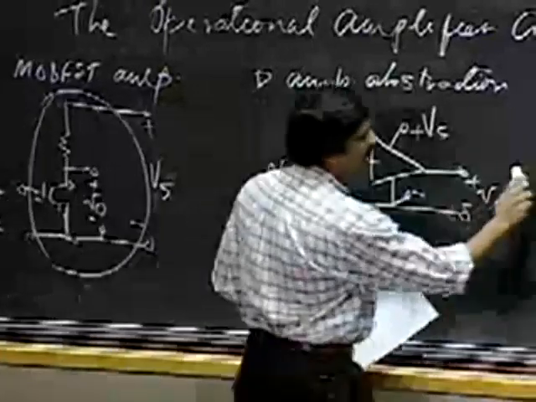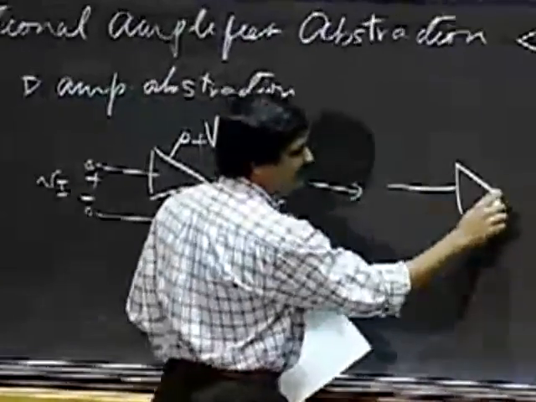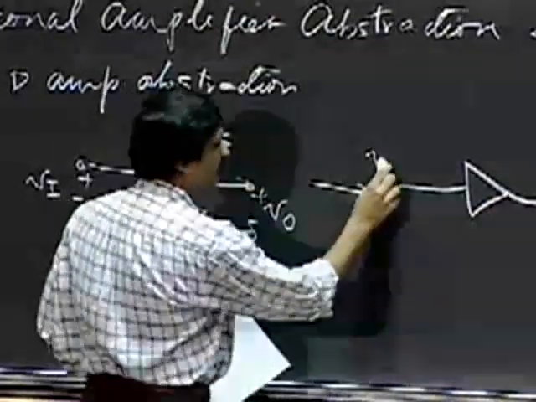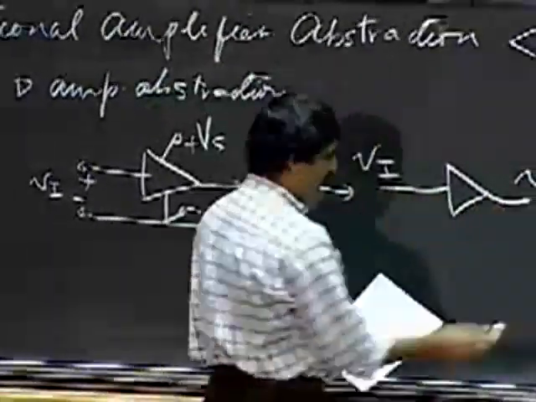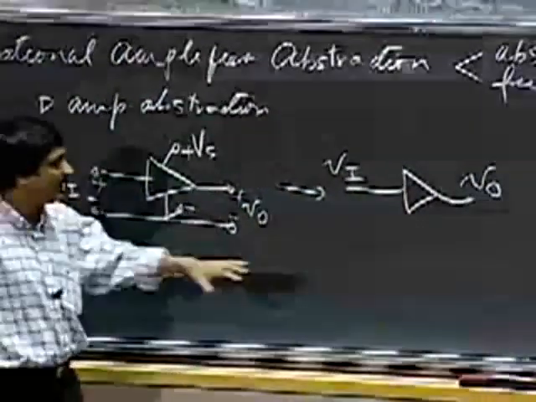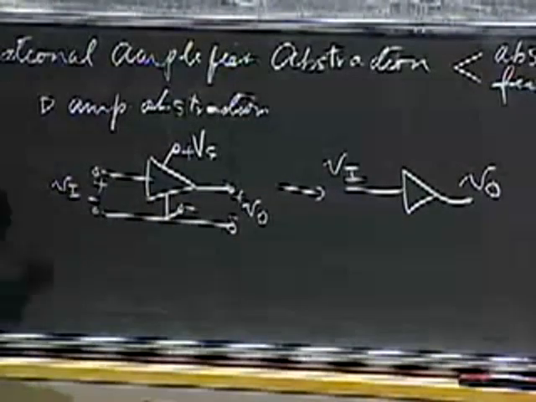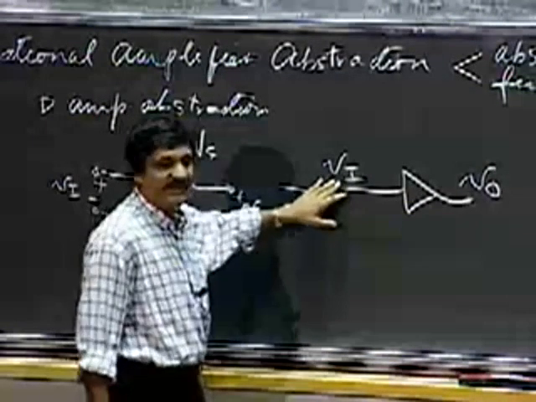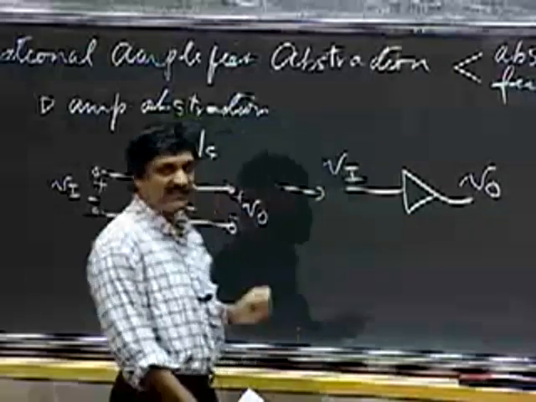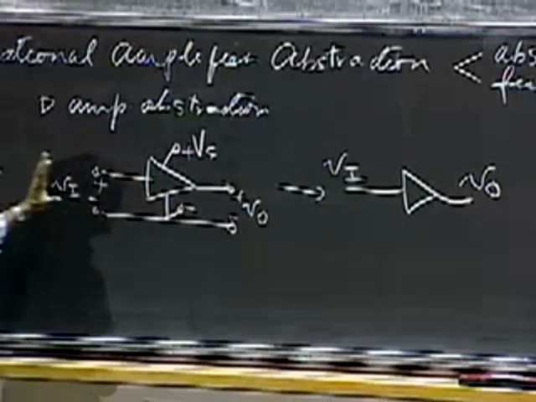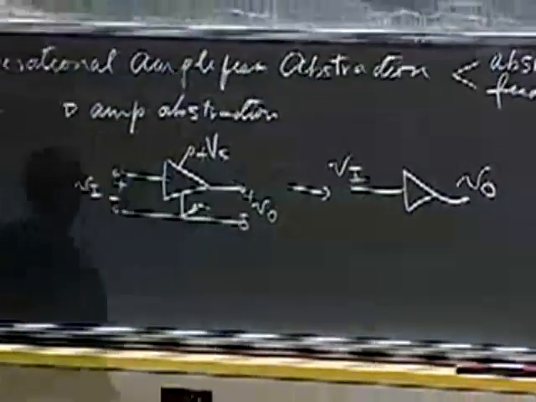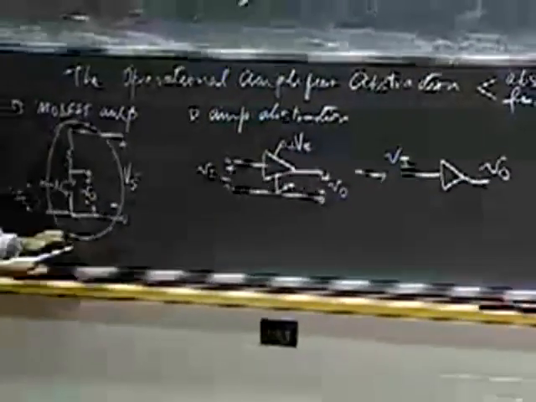And an even simpler version of this for many applications might just look like this. Vi and Vo, where there is a ground that is shared among them that's implicit in this picture. And Vi and Vo can simply be the node voltages at these nodes. So this is a progressively more abstract representation of this amplifier.